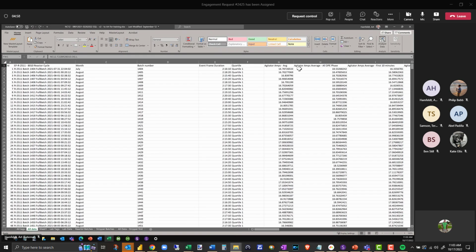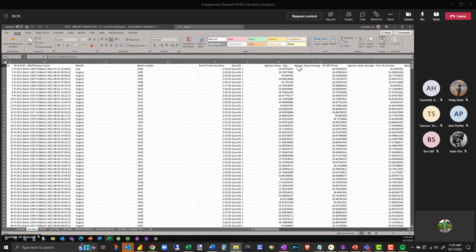Like, why do we run sometimes fast and sometimes slow? You know, all things being equal. And so one of the things that we wanted to look at was, is there something in the stripping process that's causing a problem, or is there something in the reactor process that's a problem?